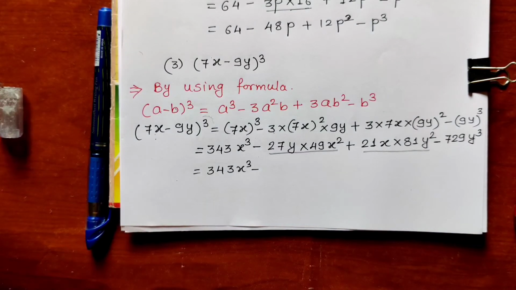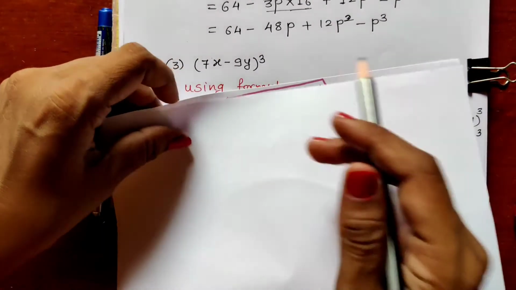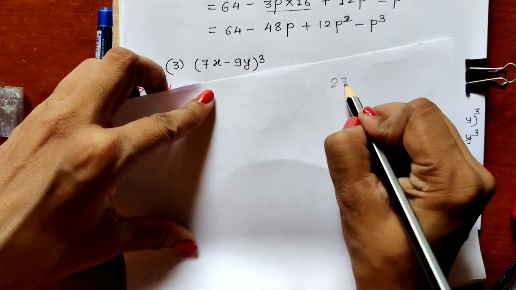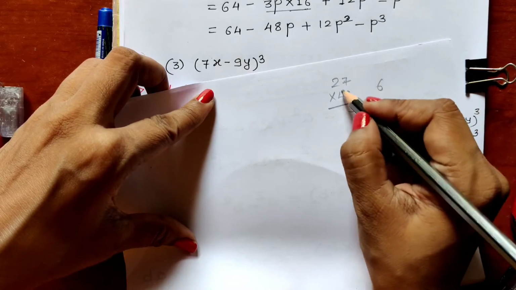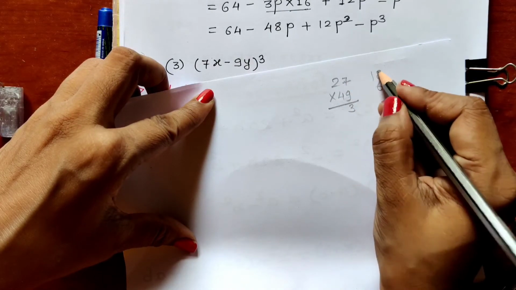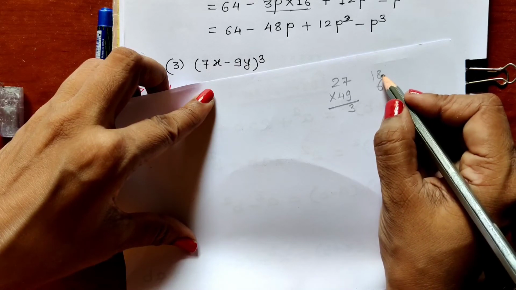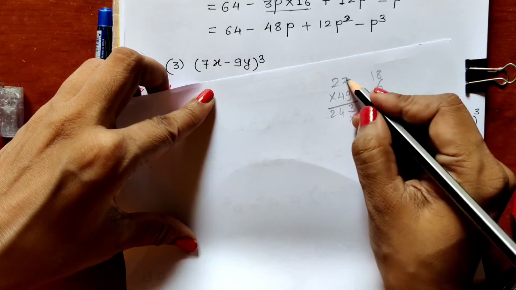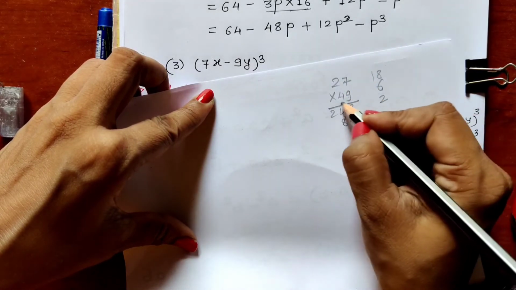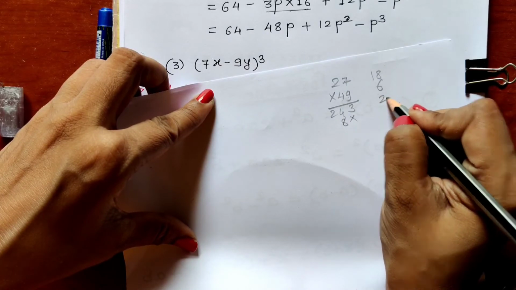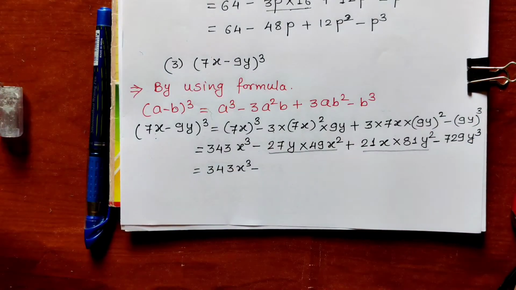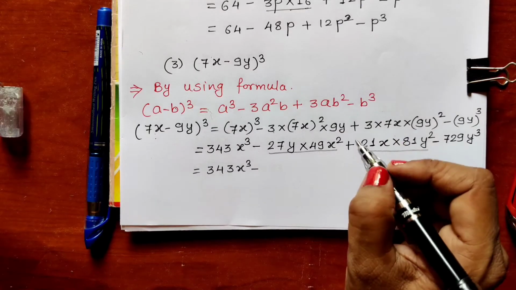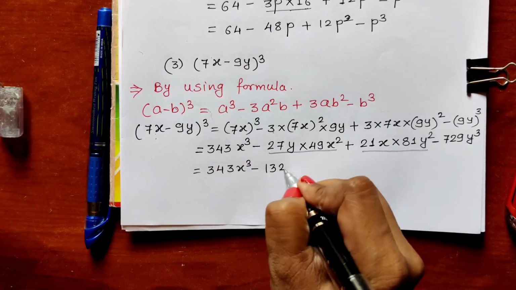So let us do this multiplication. 27 multiplied by 49 is 1323. So it is minus 1323.